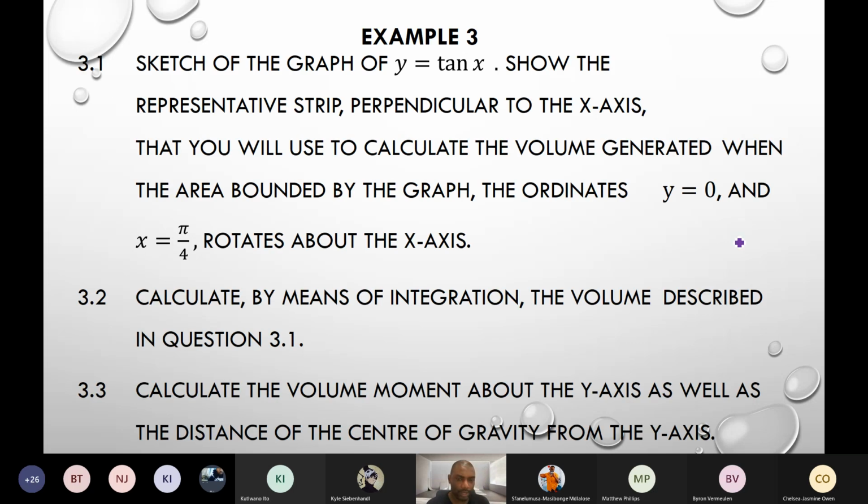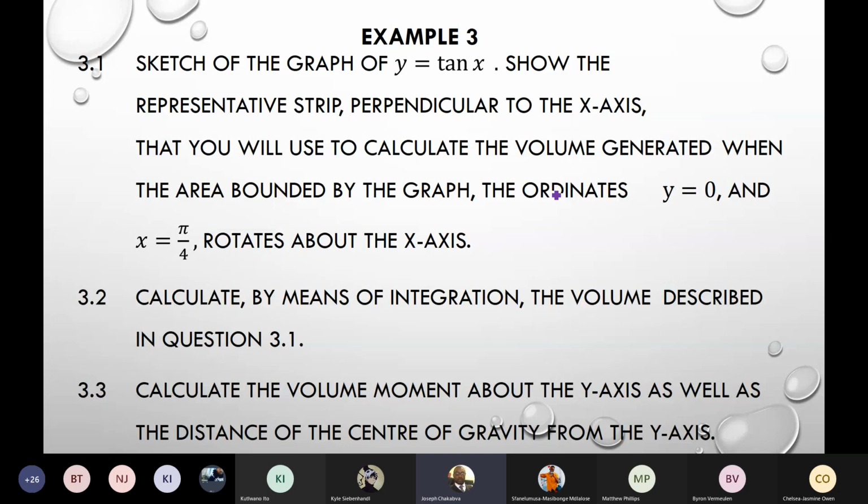This is example number 3. All right, now, this is one graph. I should have maybe picked one for 2 graphs, but it doesn't matter. We're still learning anyway. Sketch the graph of y is equal to tan x. Show the strip perpendicular to the x-axis.